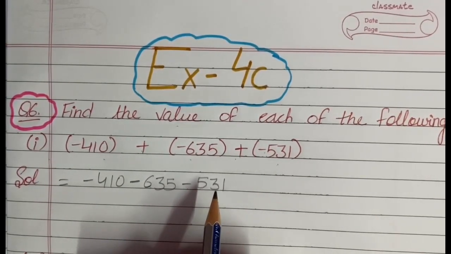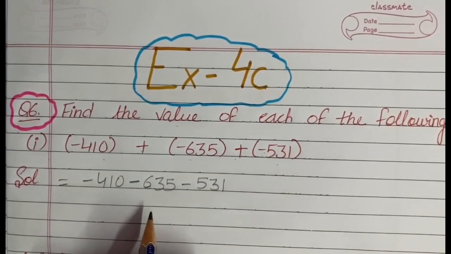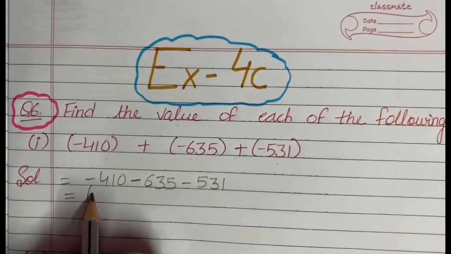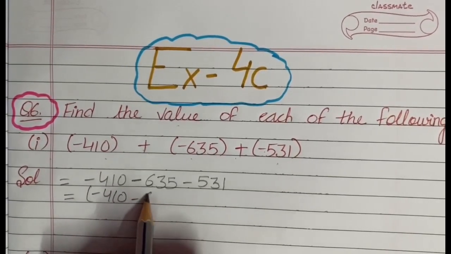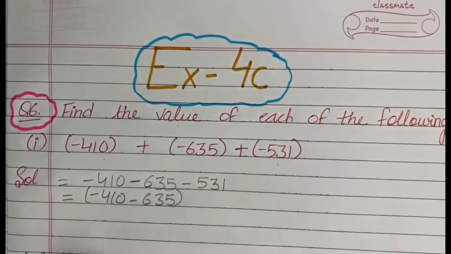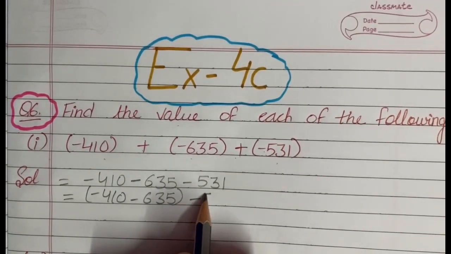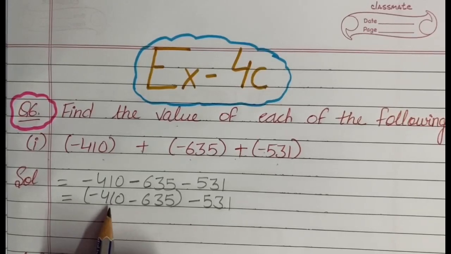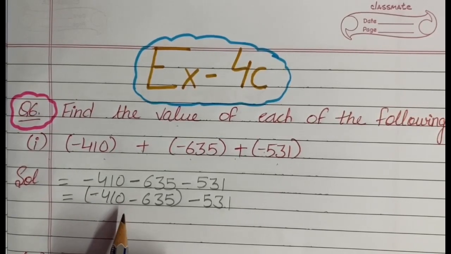Now students, we group two of the integers by writing them in a bracket. So here I am taking minus 410 and minus 635 inside the bracket, minus 531 as it is. Now here this minus and minus will become plus.